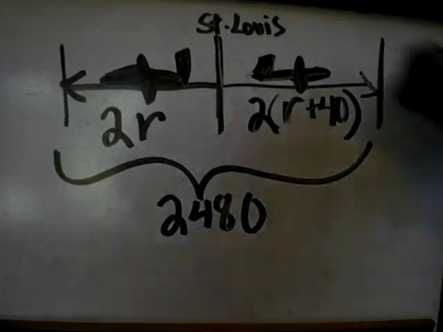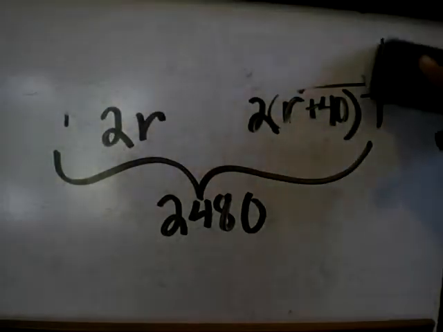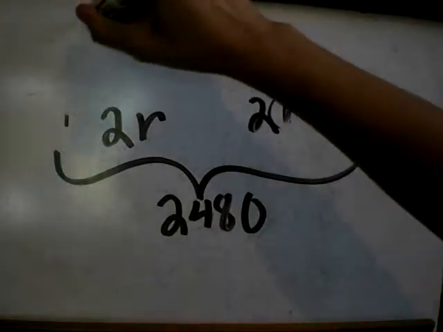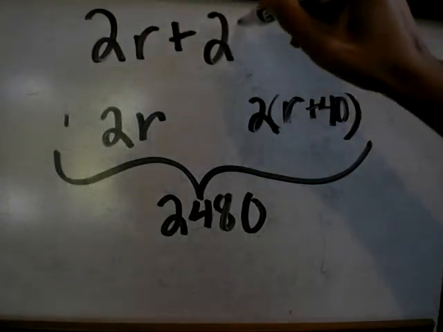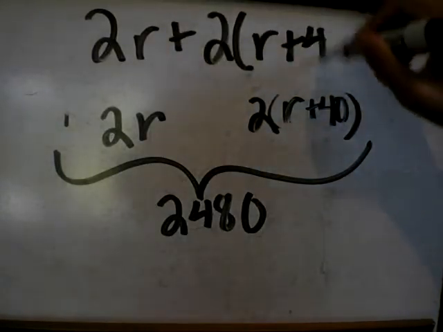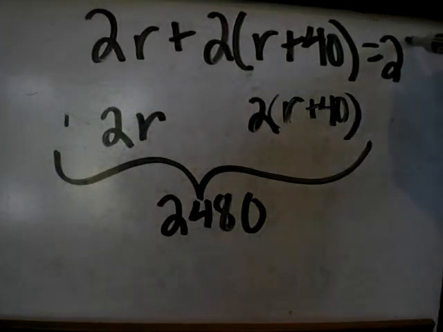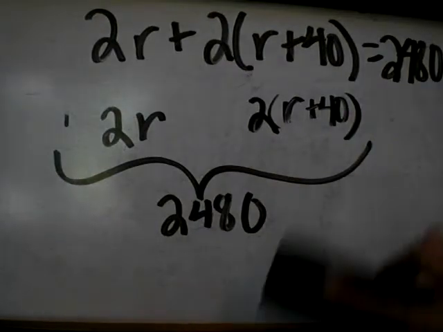Let's organize this so it looks a little bit less complicated. I'm going to rewrite this: 2r plus 2 times r plus 40 equals 2,480.